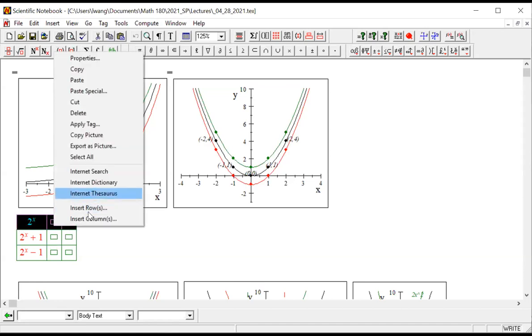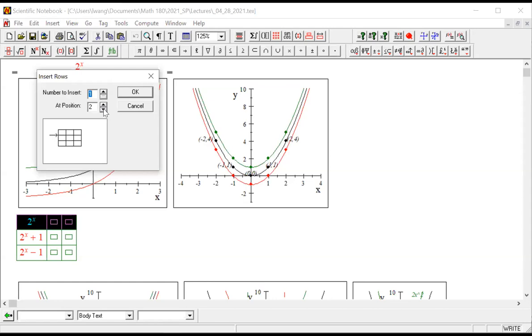In terms of domain and range, I want you guys to fill this up.